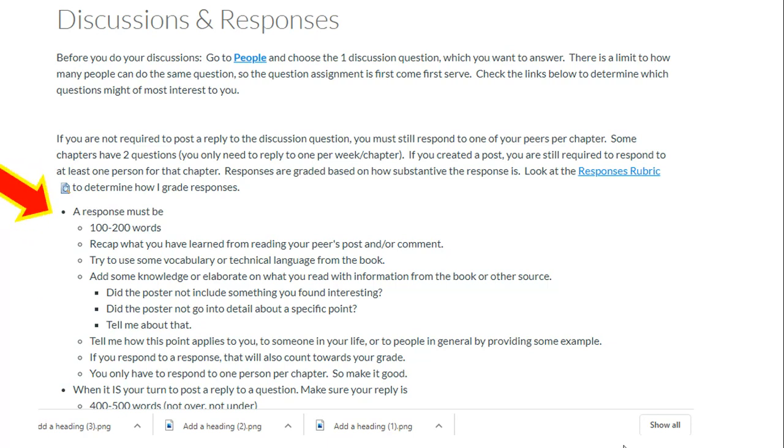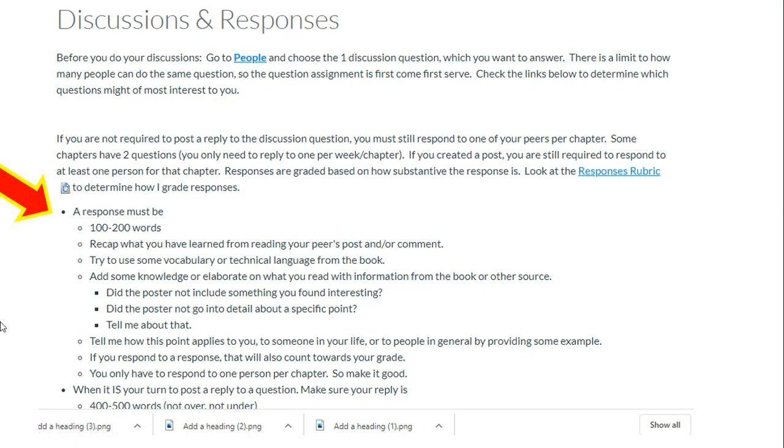Now, there is a rubric that you can look at, which will tell you how to answer the response. You'll notice that it's right there. You can actually click on the link and it'll take you to it. But also, the main points are here.